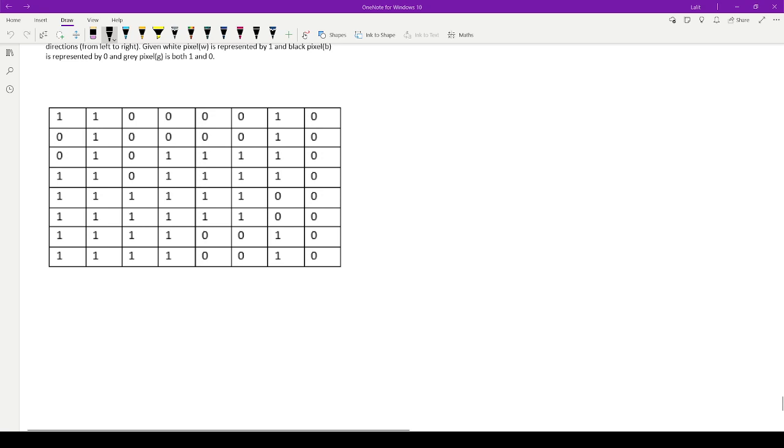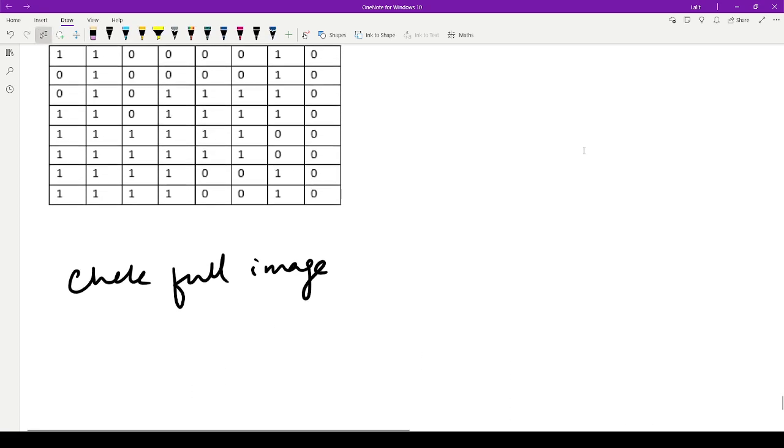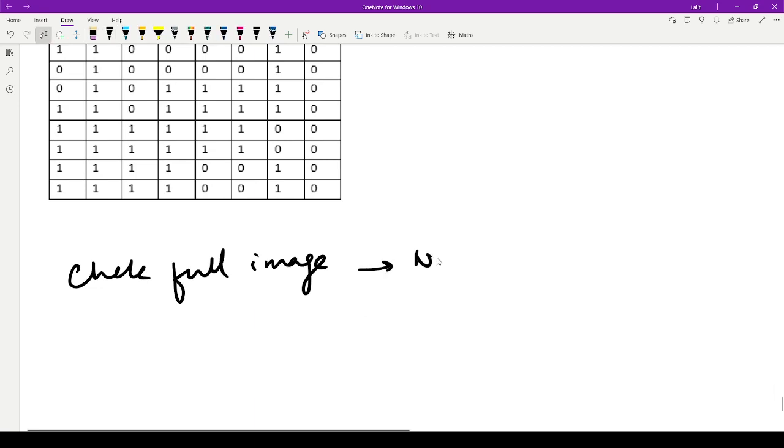Yeah. So we have the specific case out there. First, as I said, we'll have to check the full image. Since it is not homogeneous, we can now divide it into different parts. Full image is non-homogeneous.